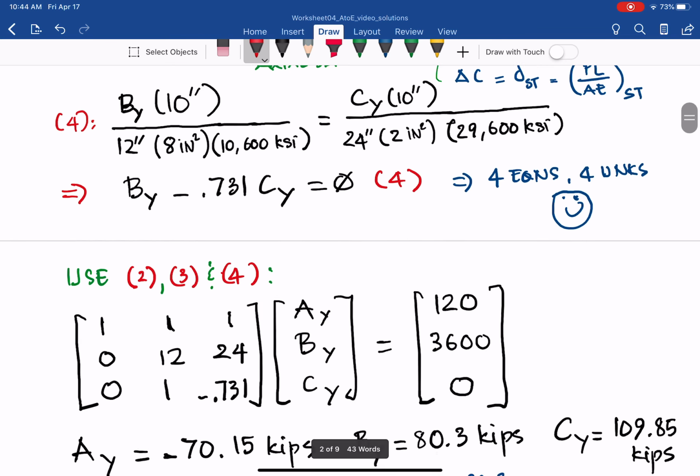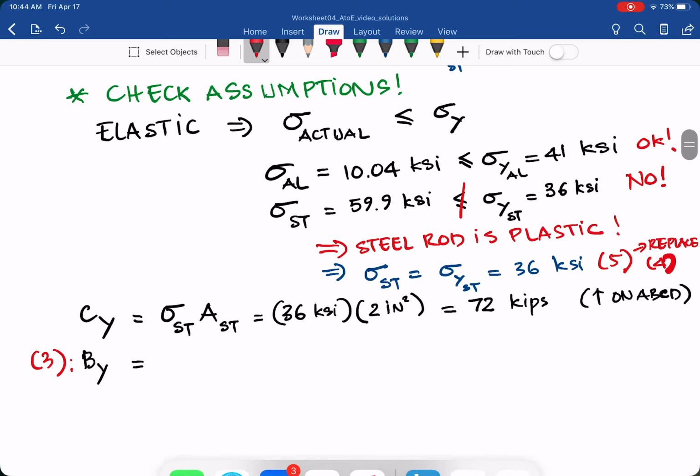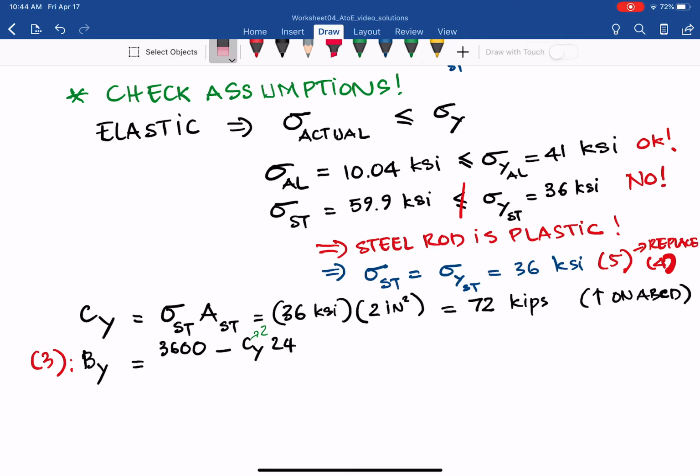So from equation 3 we have By equal to 3600 minus Cy times 24, and Cy equal to 72 kips, and divide by 12.